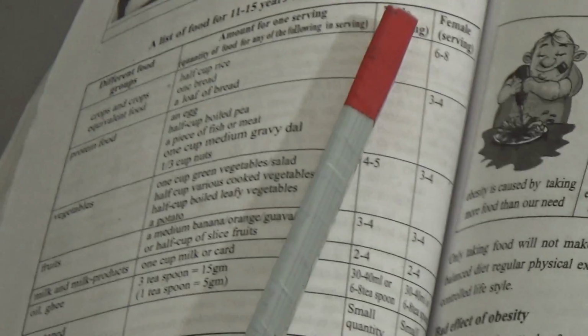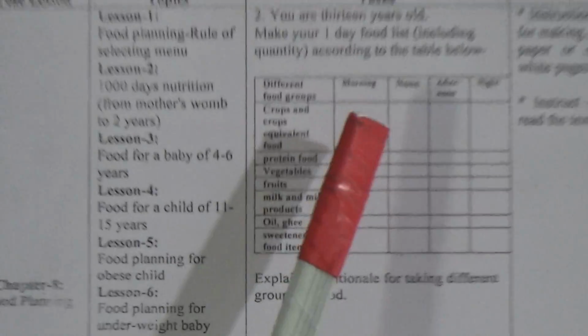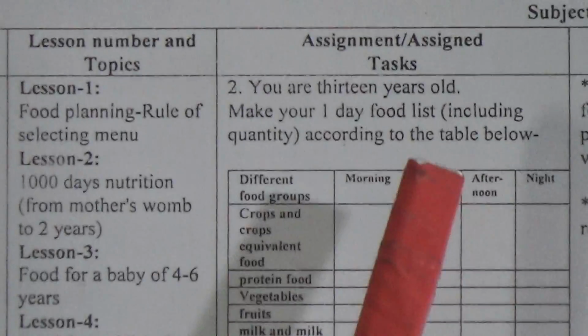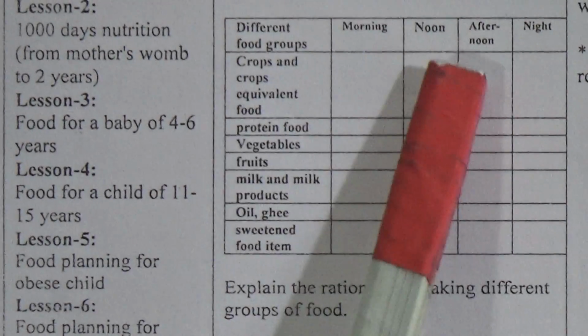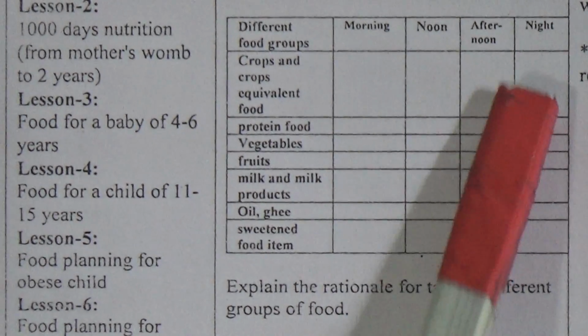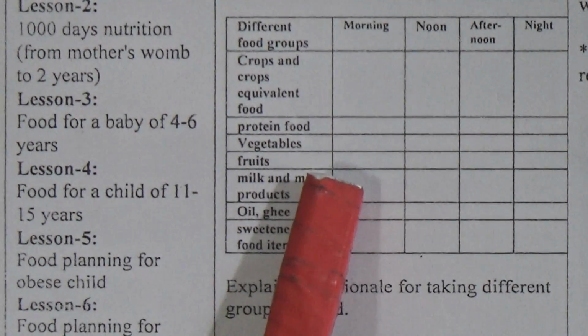But look, here we find the serving amount of male and female, but you need to be cautious. You have to prepare your own. That means as you are 13 years old, you have to write about your quantity, the food that you used to take in the morning, noon, afternoon, and at night. So students, I hope you are able to make this chart.